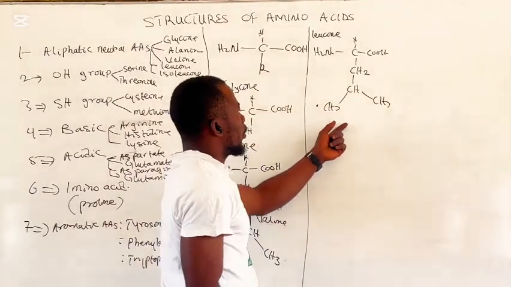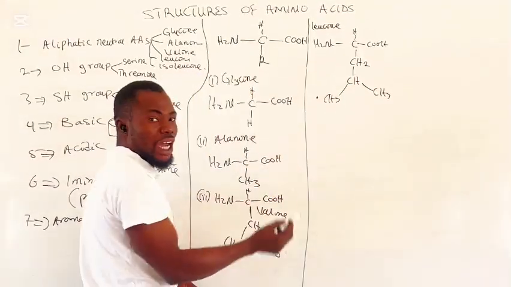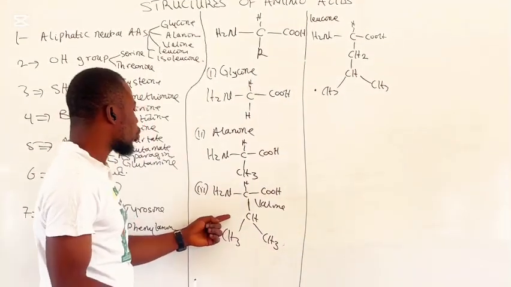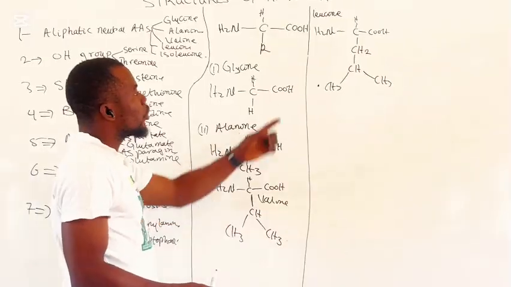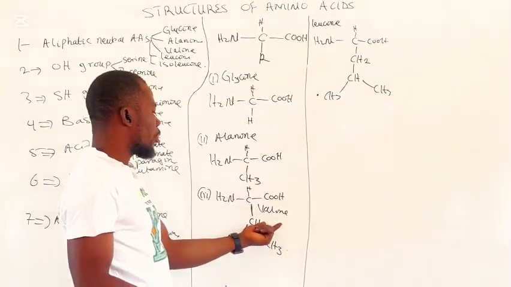This is the structure of leucine. CH2, CH, CH3. It has an additional CH2 compared to valine.